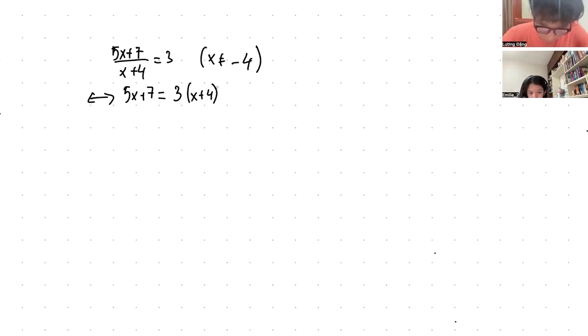We multiply each hand side, we multiply both sides by x plus 4. Okay.